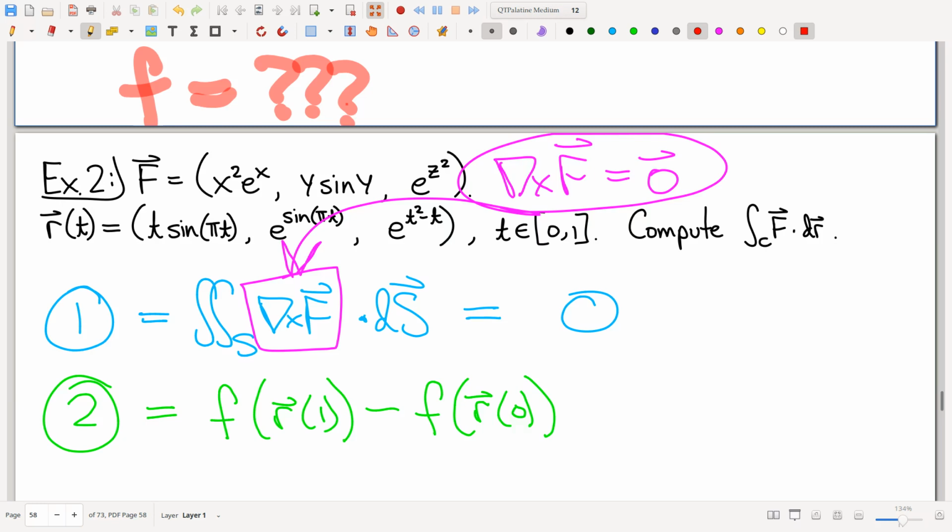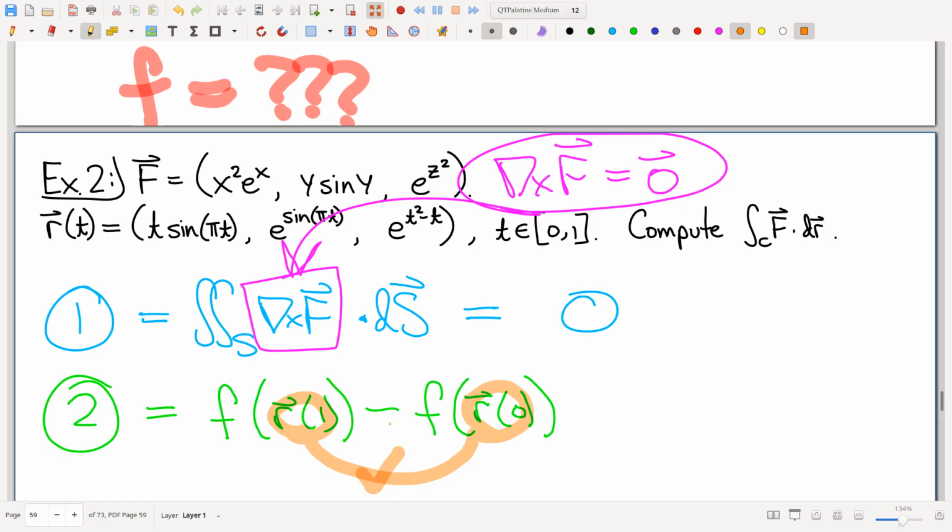But here's the thing. The curl is 0. I know there's an anti-gradient. It's super ugly, but I know there's an anti-gradient. I know that this f exists. And I also know that these 2 points are the same point. So it kind of doesn't matter what f is.